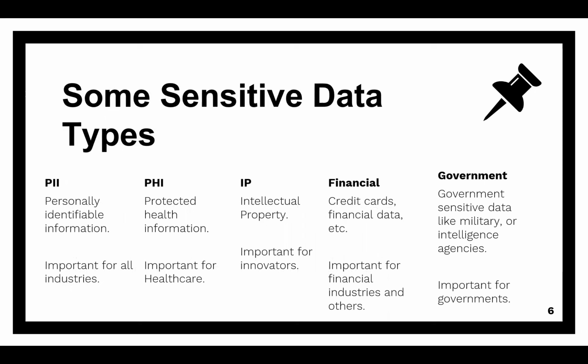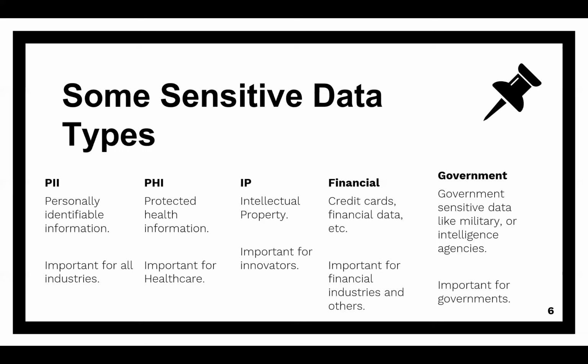Some examples of sensitive data types are PII, or personally identifiable information. This is the type of data that normally is important for all types of organizations. PHI, or protected health information, is normally patient-related information that is important for healthcare companies or medical companies.